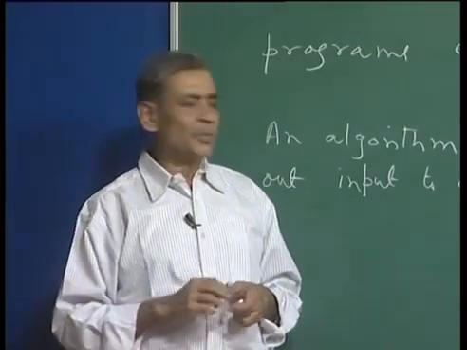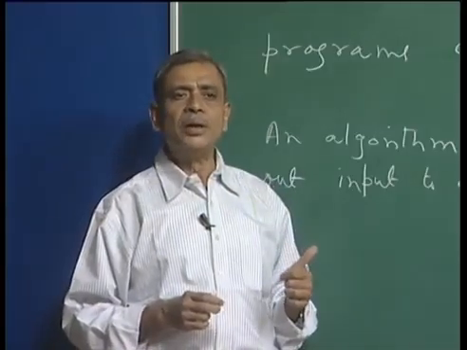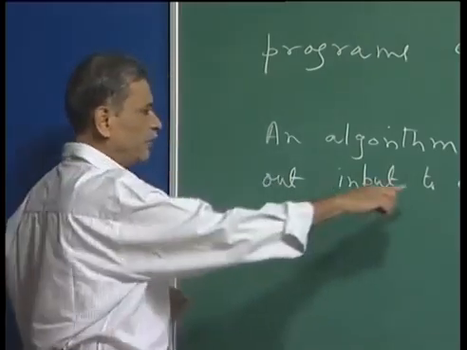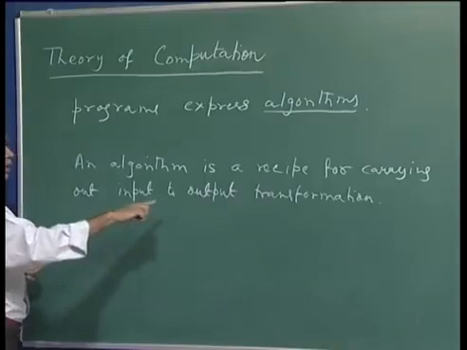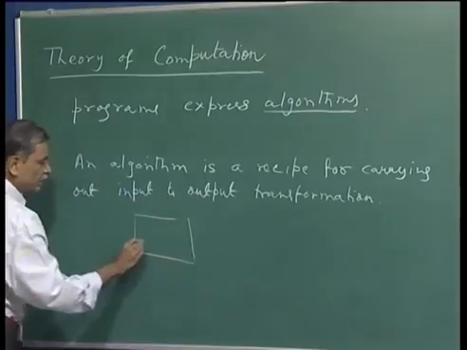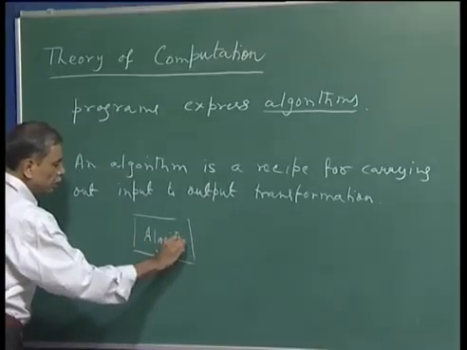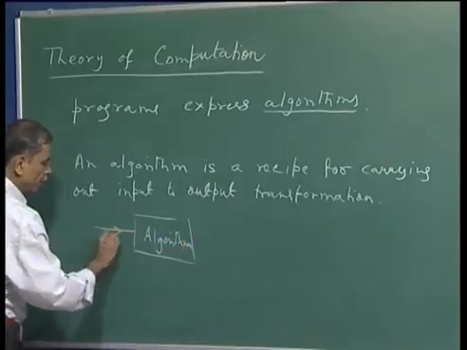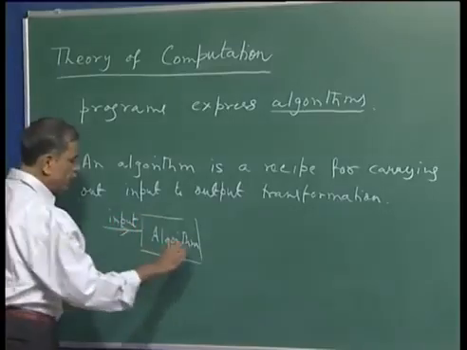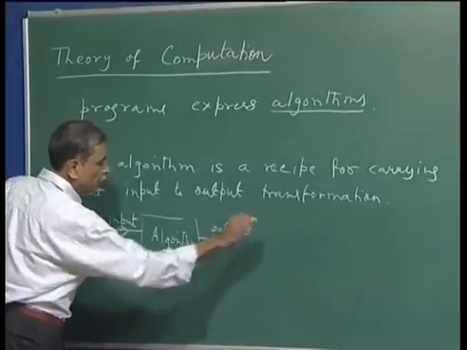Another way of saying this would be that an algorithm tells us how to compute a function. So, in picture it will be like this: this is an algorithm, and as we know, it tells me for a given input how to get its output.